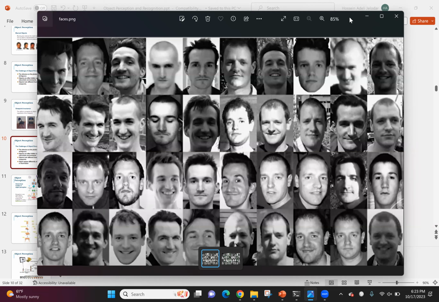How many different identities are here? How many people think there are 5 different identities? 5 separate people making different faces.